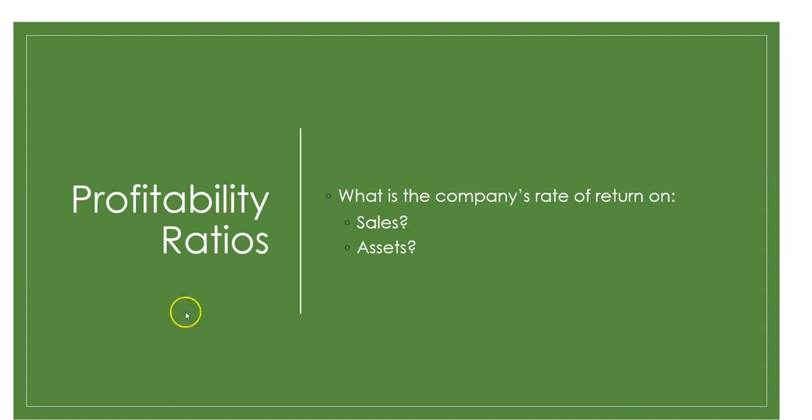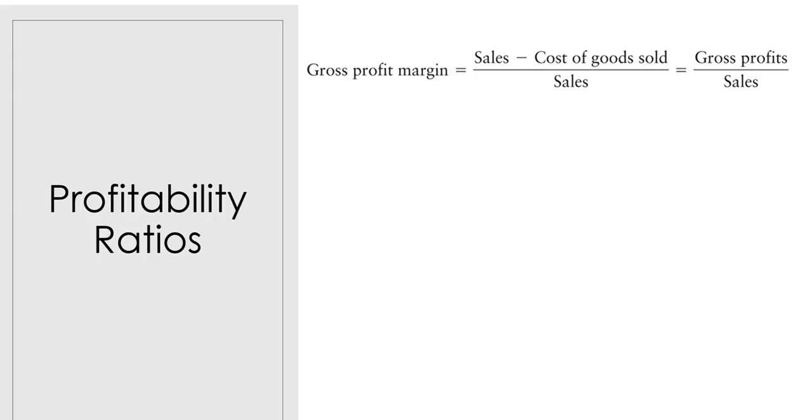When we start looking at financial ratios, first up is the gross profit margin. Gross profit margin is the most broad measure of profitability. Here we're only looking at our sales minus our cost of goods sold, and we divide that by sales. So this is, again, the broadest measure of profitability.